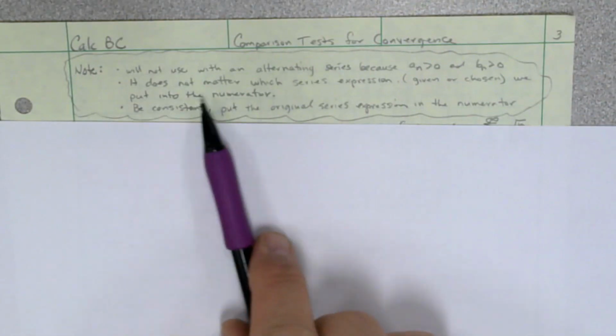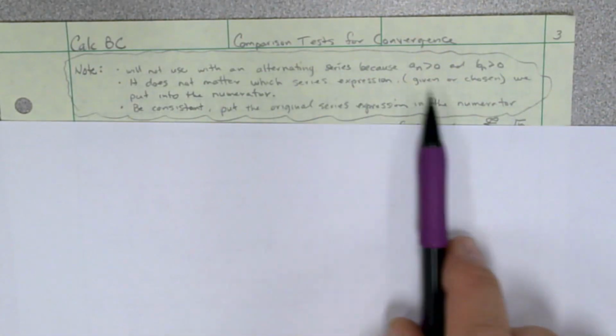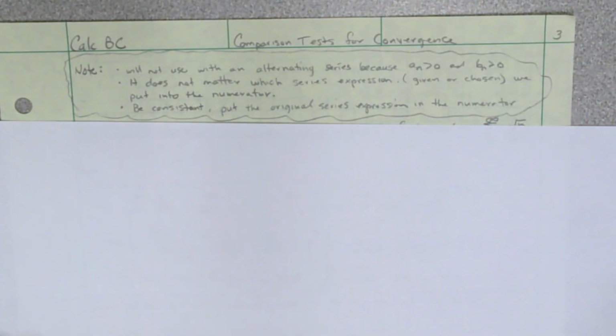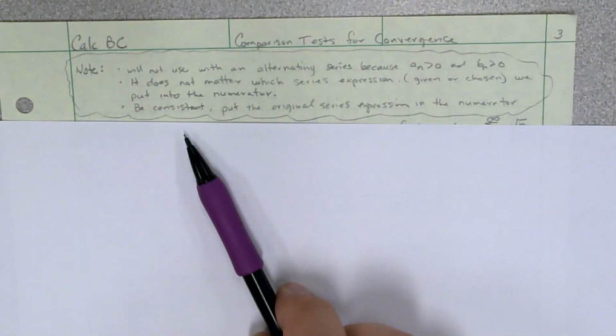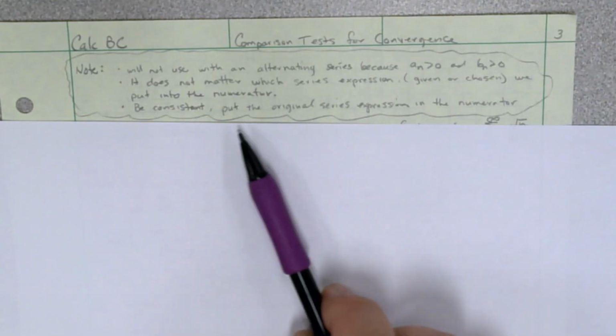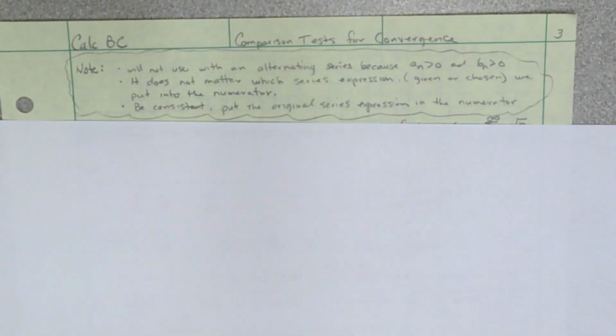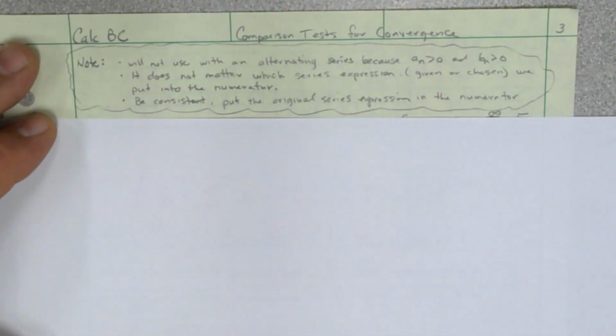It does not matter which series expression, the given or the chosen, that we put in the numerator. But be consistent. I usually put the original series expression in the numerator, but you can do it the other way around if you want. Always do it the same way. Don't go back and forth, because then it's just going to mess you up. All right, so let's look at some examples of this.